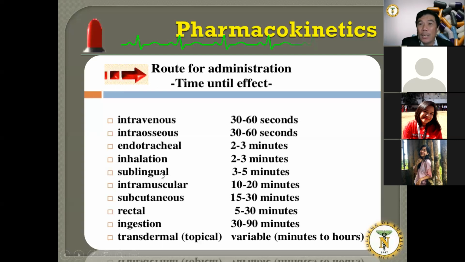Sublingual, we have mentioned here that under the tongue, it will take 3 to 5 minutes. So that's why it is expected for a person who is having chest pain and given the anti-anginal. Angina is the medical term for chest pain. Nitroglycerin is also called an anti-anginal. So those drugs given sublingually, expect this effect in 3 to 5 minutes.